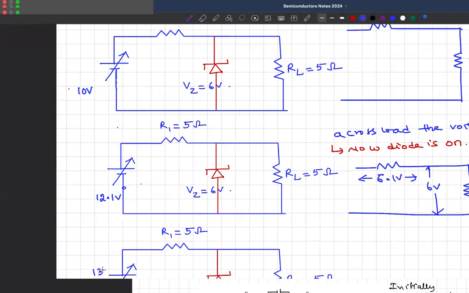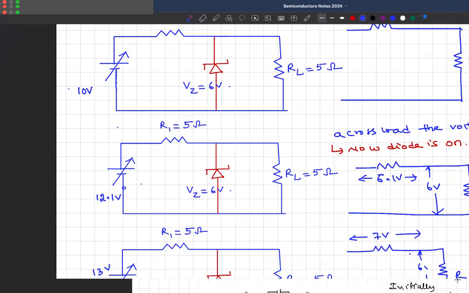What if it is 13 volts or more than 13 volts? Now, in this case, remember, suppose if it is 13 volts, it will become 7 volt here, because always across the load, the voltage now becomes 6 volt.